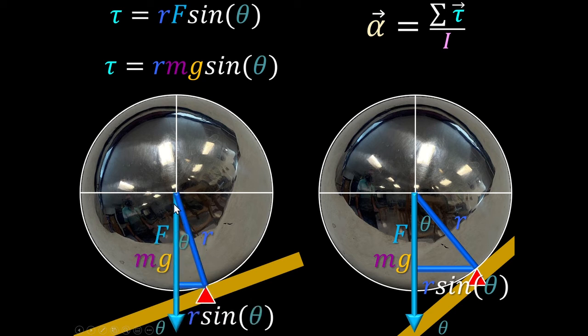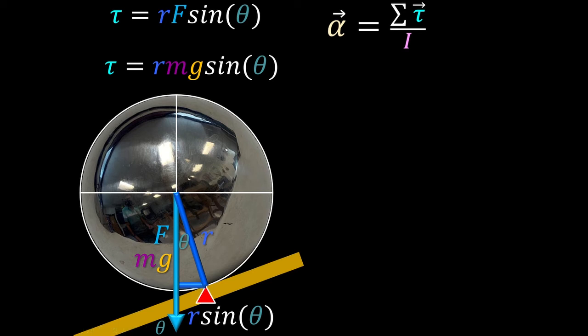And we'll just do the same thing here. Gravity's pulling down with the same amount of force, but there's a smaller radius arm here, so there'd be less torque.